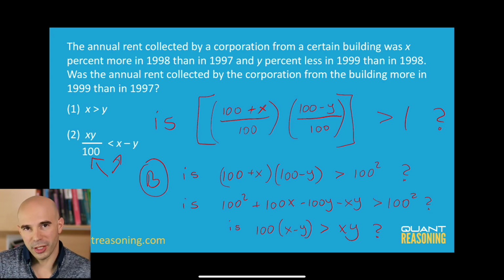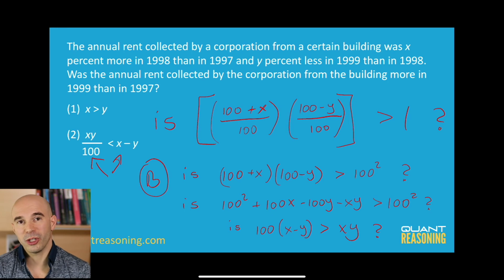And I don't know how much greater it is. So is it more than enough, less than enough, exactly enough? I don't know. And therefore, I can't answer the question with statement 1 on its own. Yeah, so that's a way to prove insufficiency, right? You can say, well, with statement 1, it would be possible that x is 21 and y is 20. Or x could be 30 and y is 20.